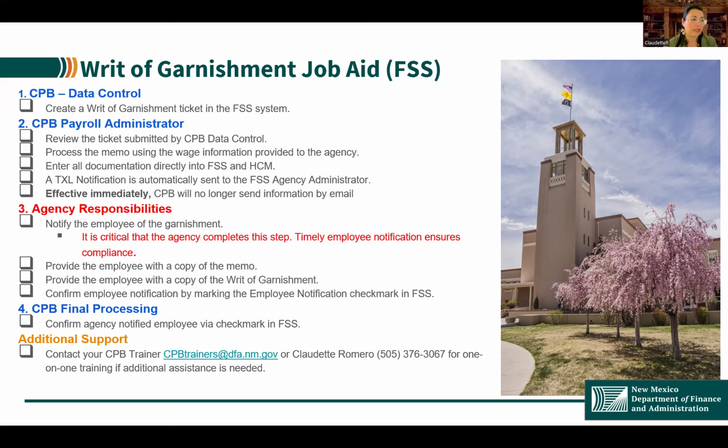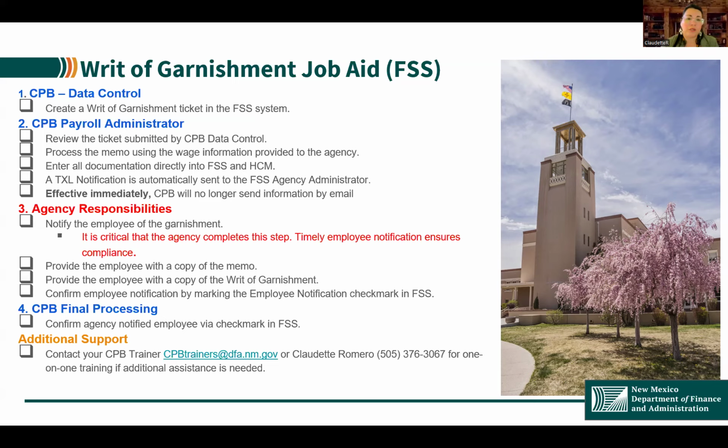So I would say that you will still need the X, but you'll have to add that second person. If they are needing payroll access and FSS admin access, you may want to put the X and type in FSS admin. They may need to be on there twice. Yeah.